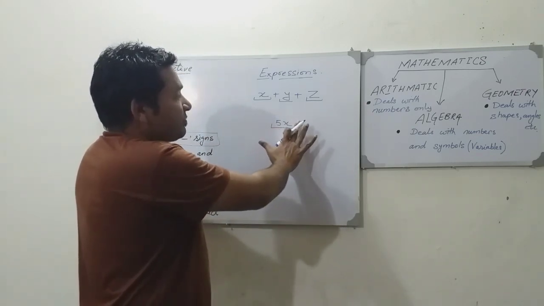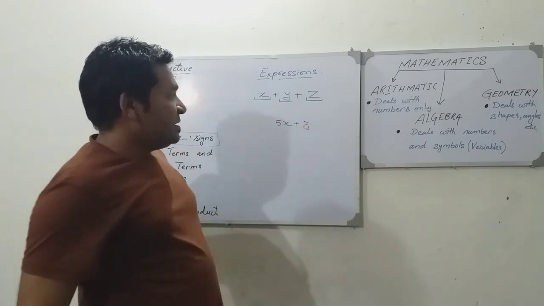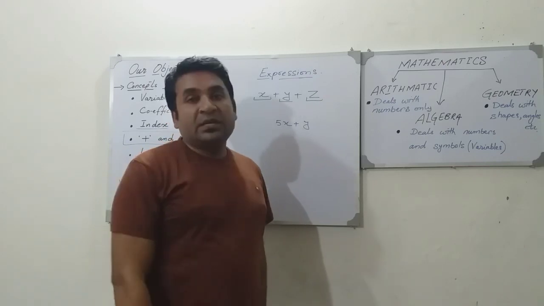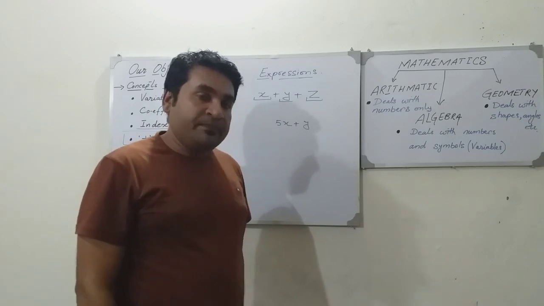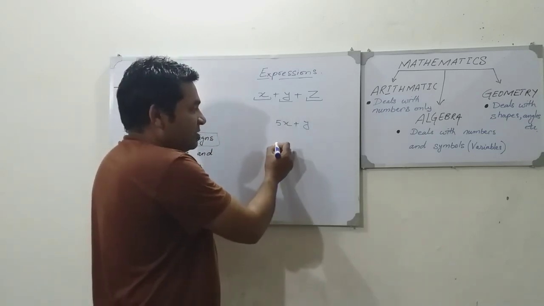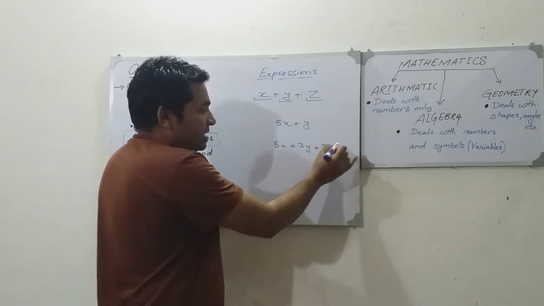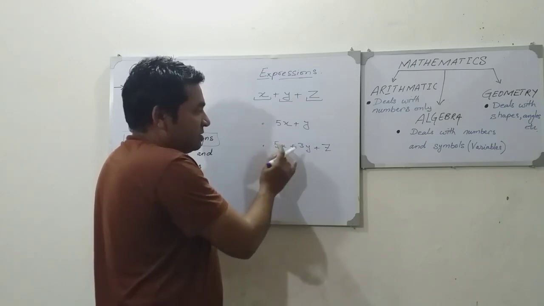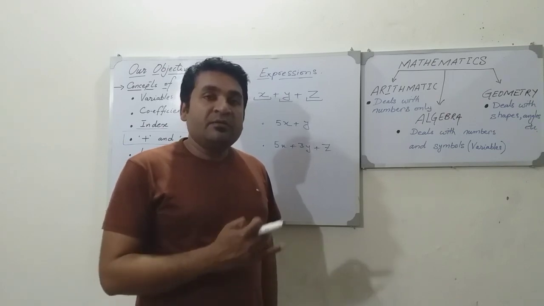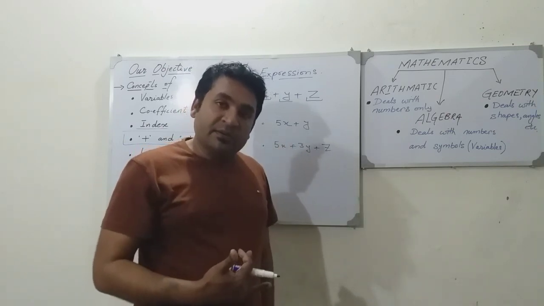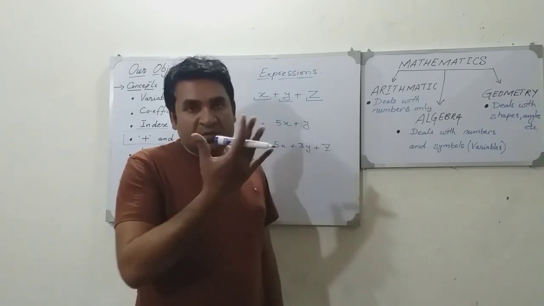For example, if we have two terms like 5x plus y, then this expression is called a binomial expression. Binomial means that it has two terms. Then if it is, for example, 5x plus 3y plus z, then this expression consists of three terms. It is called trinomial. And in the same way, if there are more than three terms in an expression, then that is called multinomial.